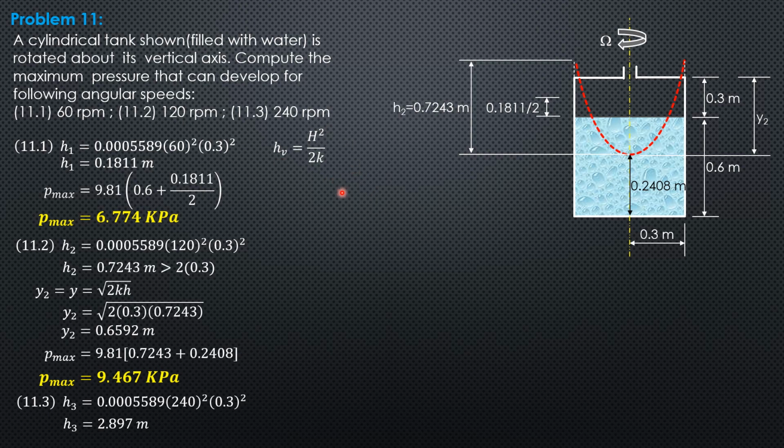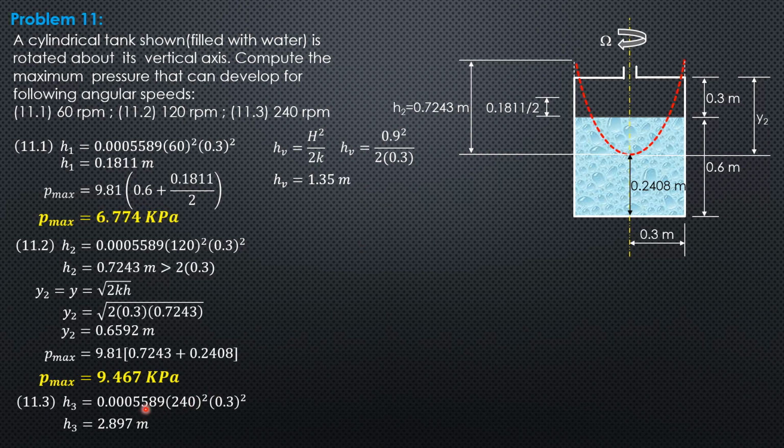You look at the derivation there. That's why I want you to look at the lecture video first before proceeding to the example so that there will be no more questions. So height is 0.9, then K is 0.3, and that will be equal to 1.35 meter only.